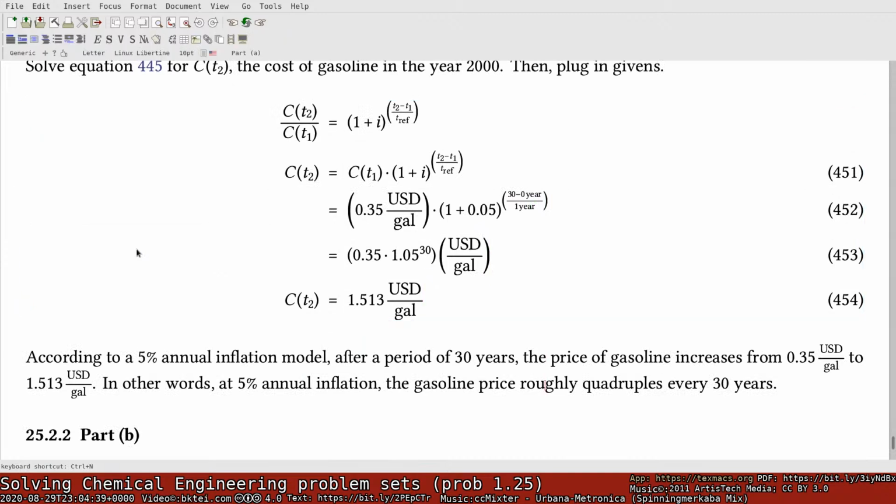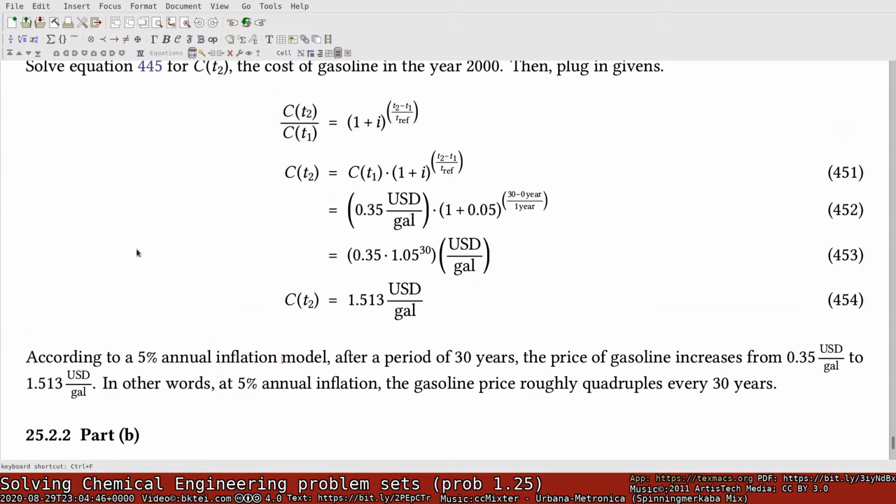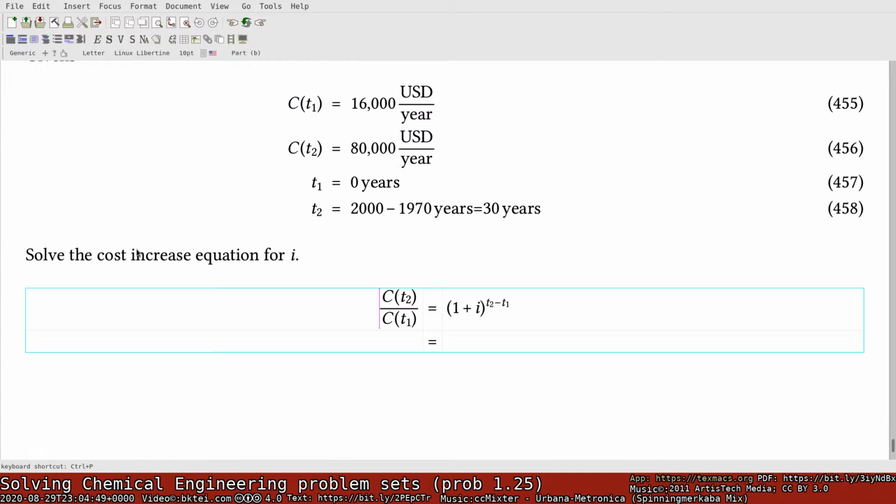Great. So now we can copy this and use that in part B right away.